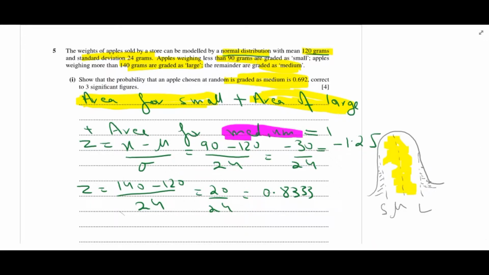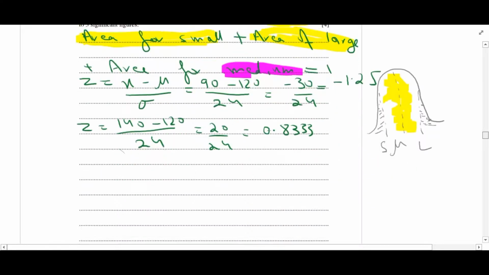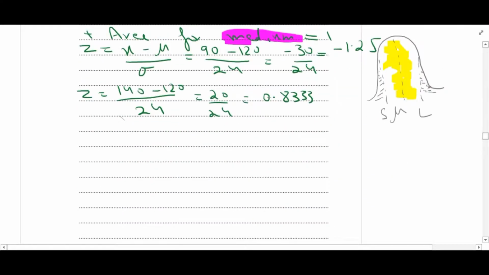For solving this question, we are going to find phi of minus 1.25 and phi of 0.8333.